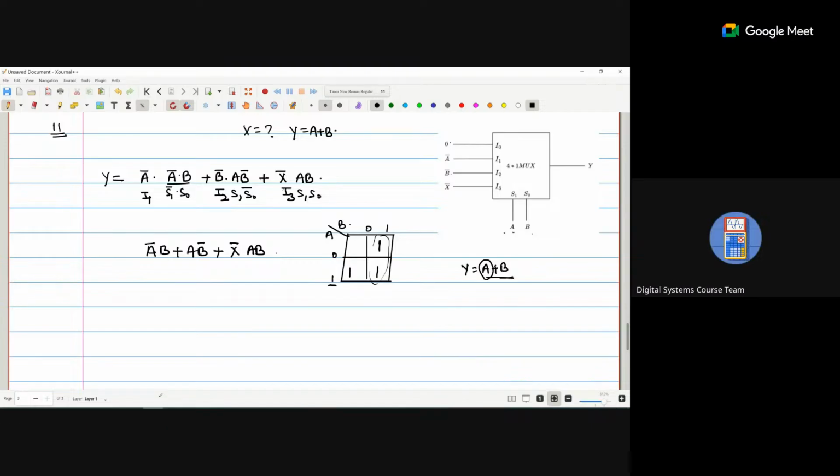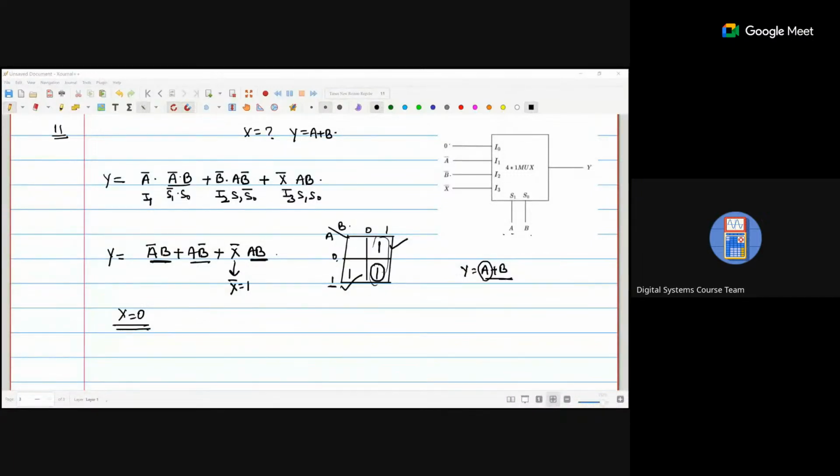Now if we go with the equation, A bar B means this term. AB bar means this term. We require this term, and we are getting this term also only when X bar is 0, that means X is 0.